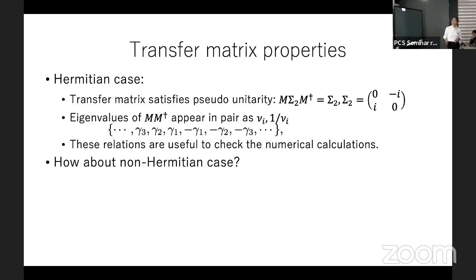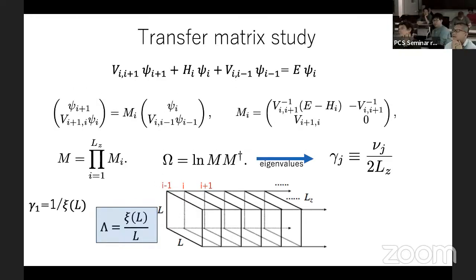In the case of the Hermitian case, I have a question. How about we consider M minus 1, the inverse of M? Yes, we start with the unit matrix or unit vector and multiply many times to shuffle the initial vector. Is this your question?